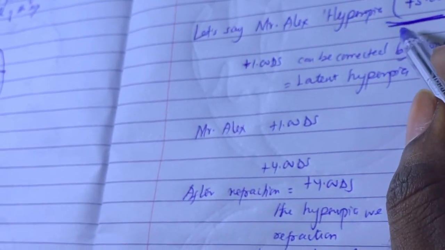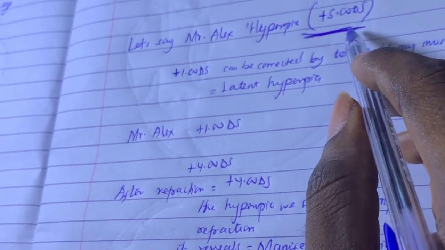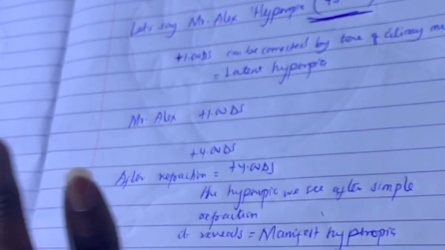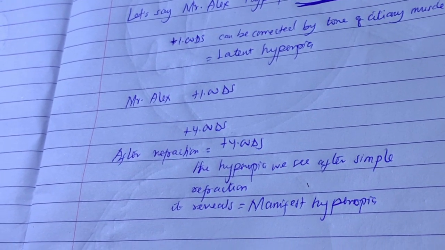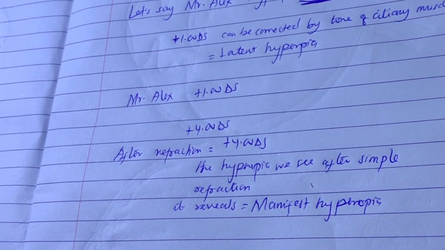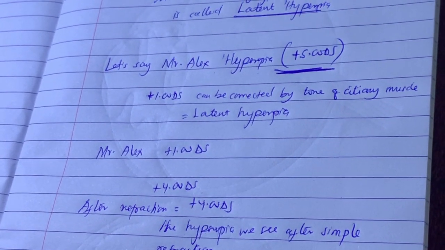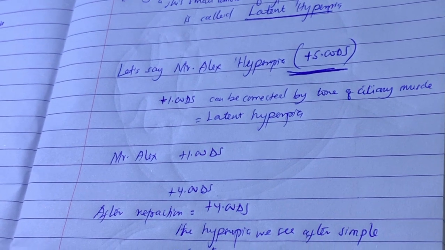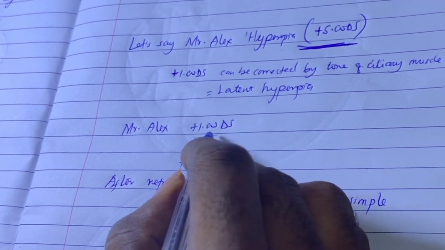So, you say Mr. Alex has plus 5 diopters of hyperopia, and I say so plus 5, no, Mr. Alex can accommodate. The ciliary muscle corrects plus 1 automatically. That is called latent hyperopia, and that is always around plus 1.